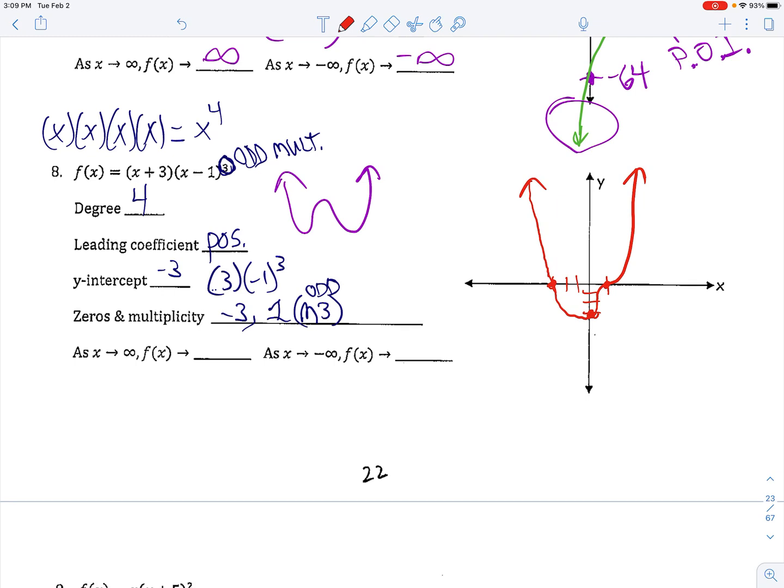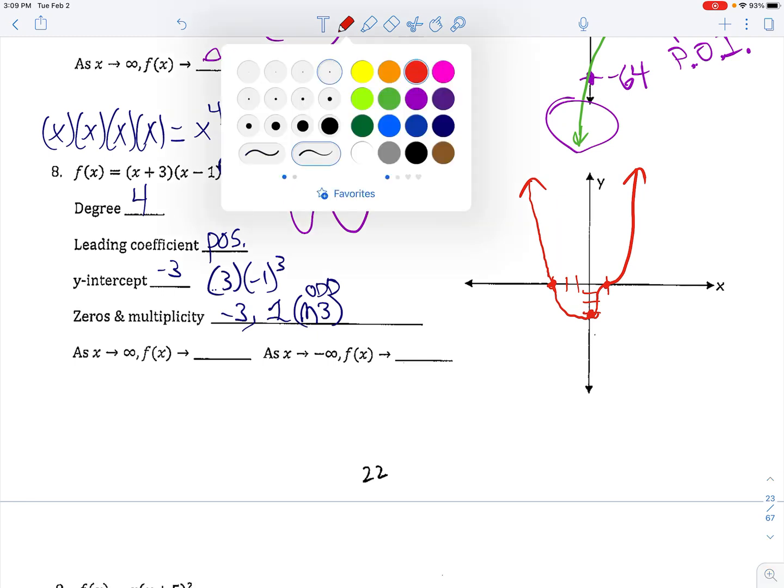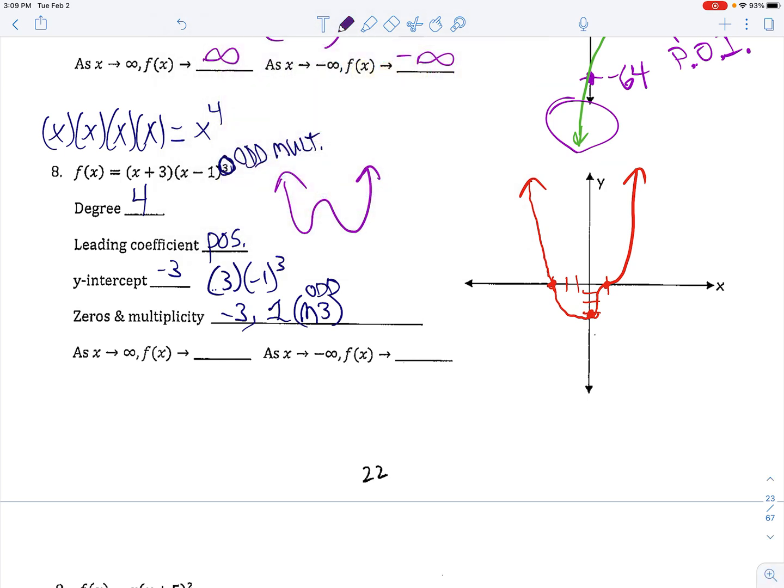And like I said, it's the point where the graph changes how it opens. You don't need to draw this in, but over here it was opening downward, and here it's opening upward. So that's the definition of the point of inflection.